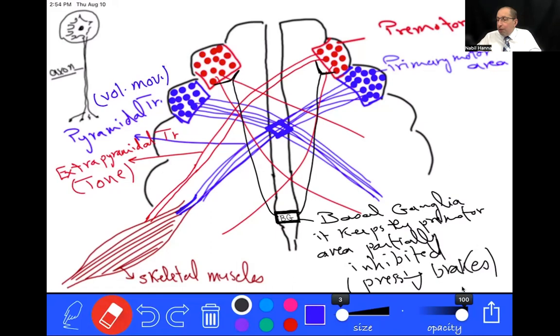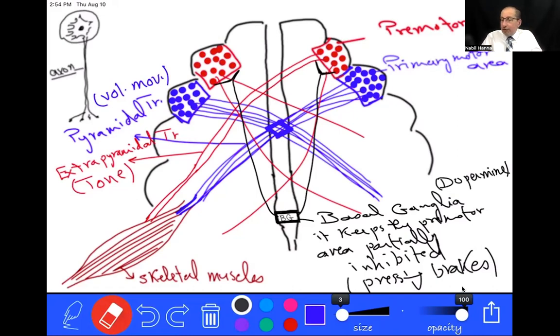depends on dopamine for its normal function. Dopamine is essential for the normal function of the basal ganglia. Why is dopamine essential for the functioning of basal ganglia?